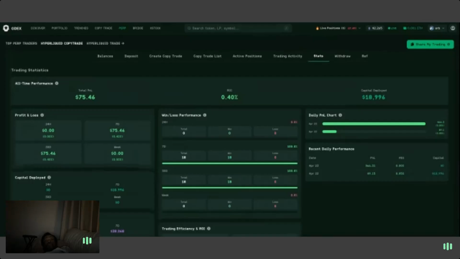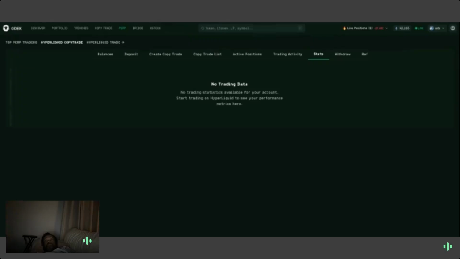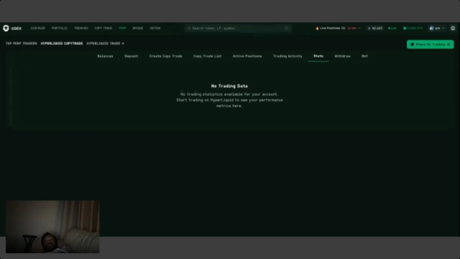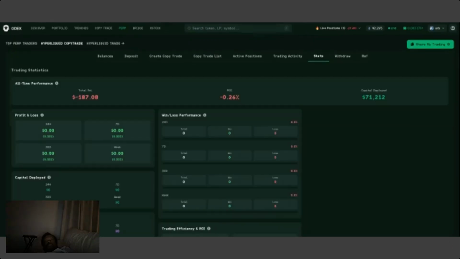Right now, I'm just trying to see if I can find a wallet, because I did have a wallet with a lot of activity on it when I was testing agents. Give me a second here.